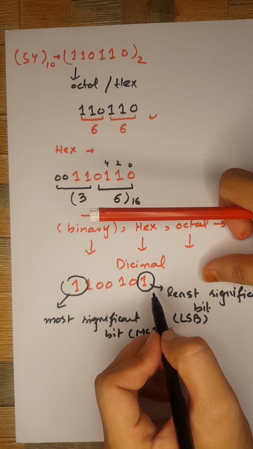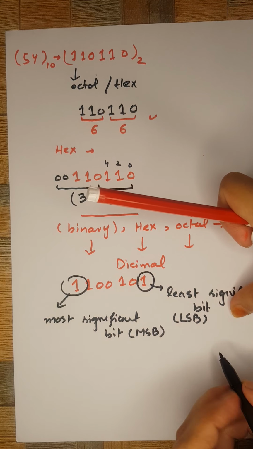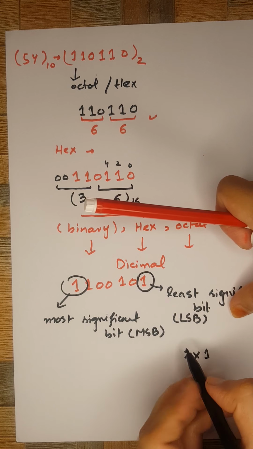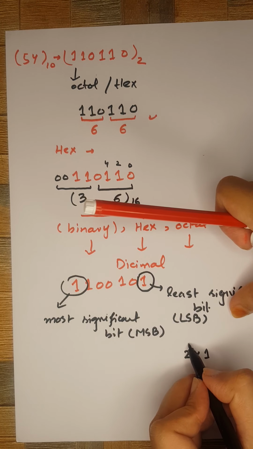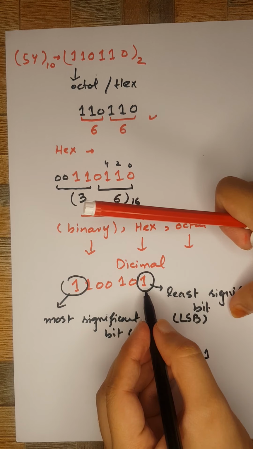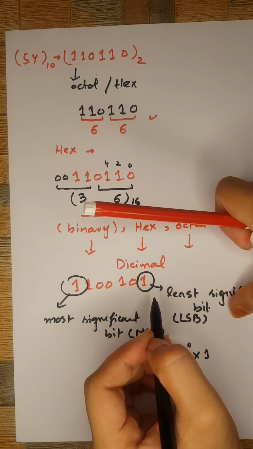Starting from the rightmost bit, all you need to do is multiply it with a power of 2, having the power starting from 0. Why the power of 2? As this number is in binary format.